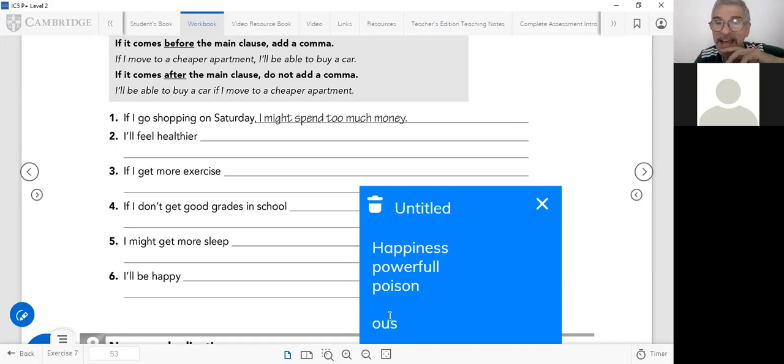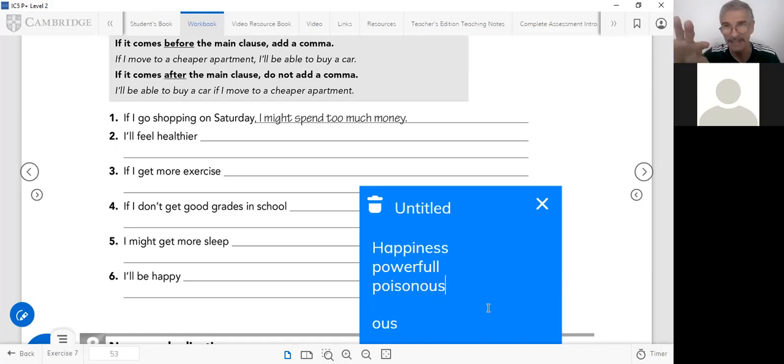A snake has poison in its teeth. There are certain snakes that have no poison, but the ones which have poison, they are poisonous. You see? Poisonous. And you observe the difference between poison and poisonous.